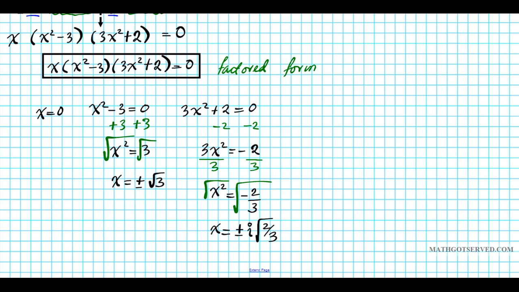Let's go ahead and write down what our roots are. Our roots are x equals: negative square root of 2 over 3 i, positive square root of 2 over 3 i, negative square root of 3, 0, and square root of 3.